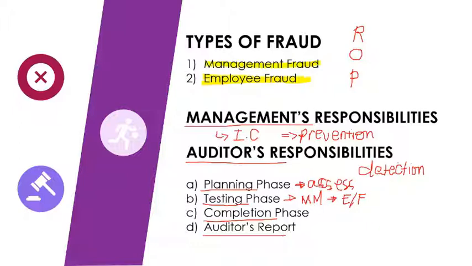Again, the financial statements are the responsibility of the management. So if the auditor finds material misstatements, management is obliged to change the initial financial statements given, so that they fairly present based on the auditor's findings.